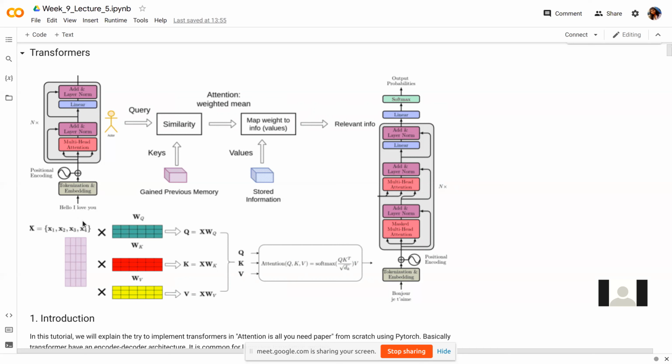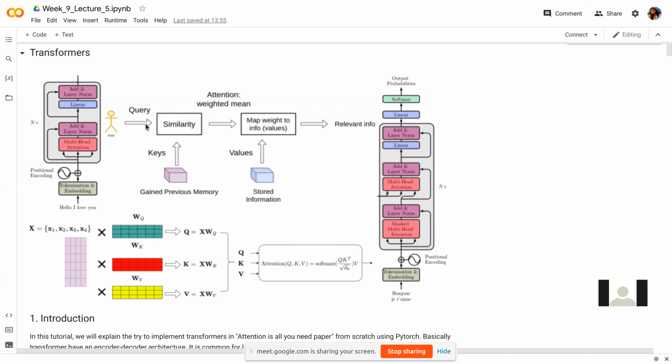Okay, so hello, I love you, and then we will compute the embedding of each word. Those embeddings of each word will then be added with the positional encoding of the word and given as an input to the encoder module. Then the processing will be done here.